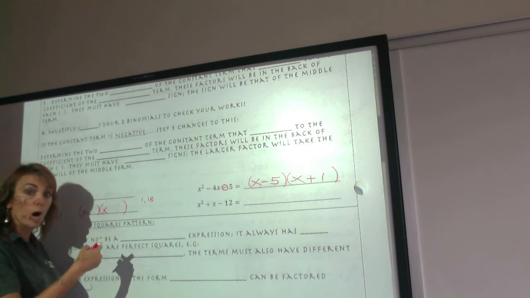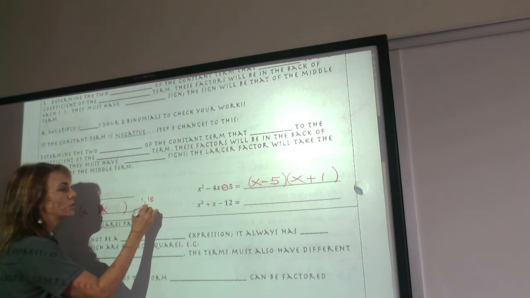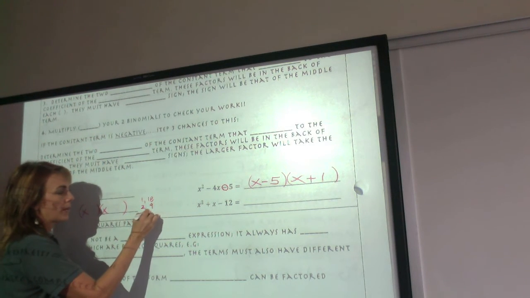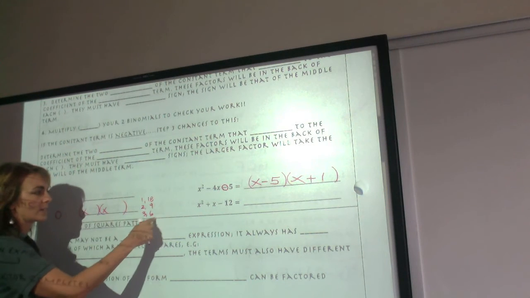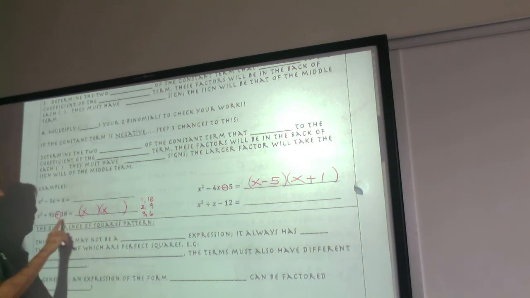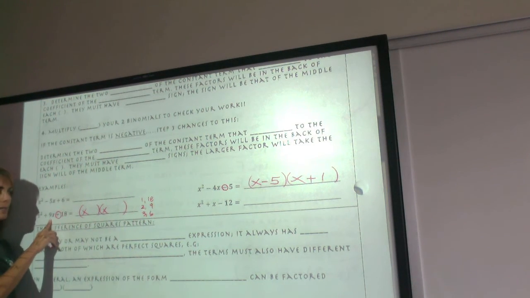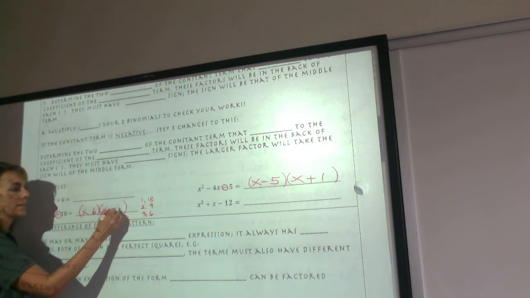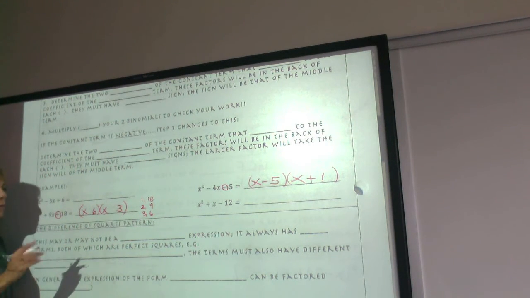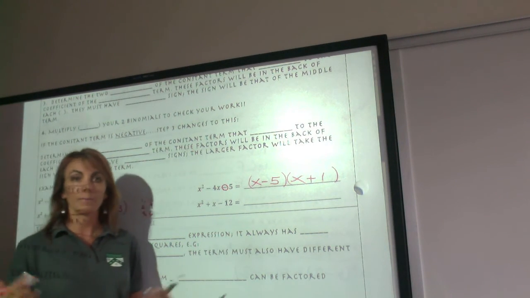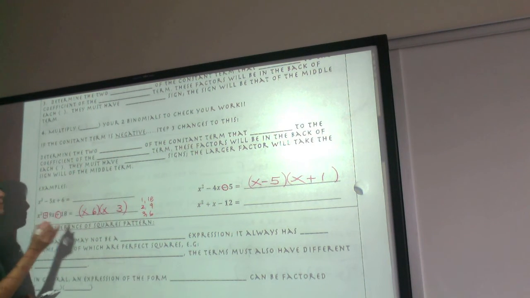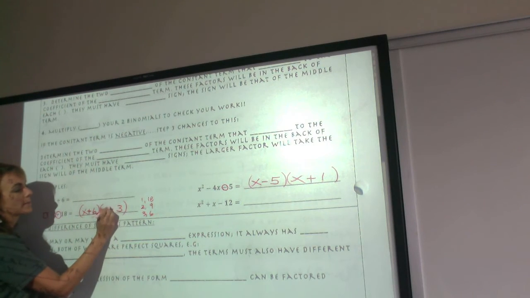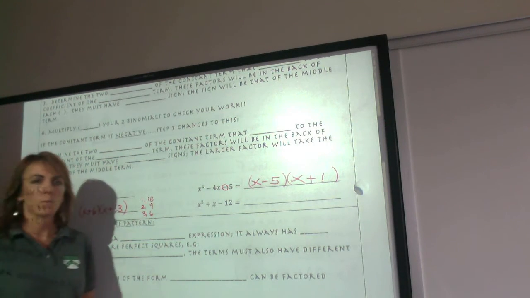Start at the beginning, 1 and 18, 2 and 9, 3 and 6, and I think that's it. So looking at this list of factors, which of these add up to make 9? We know that's going to be 6 and 3. And then we know they're both going to have the same sign, but which sign? We come back and look right on this one to determine the sign. They'll both be positive. Okay, well done.